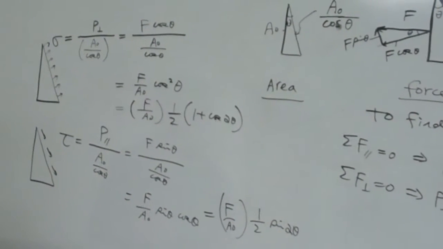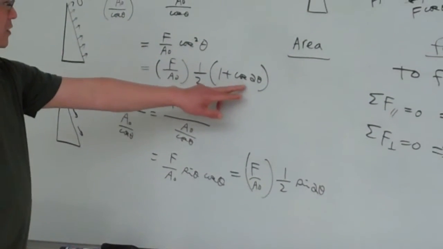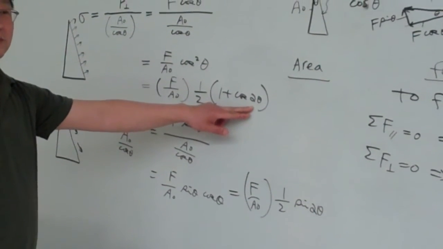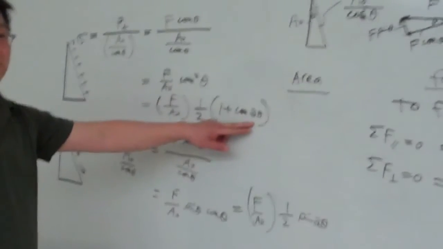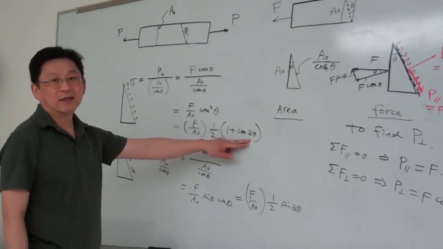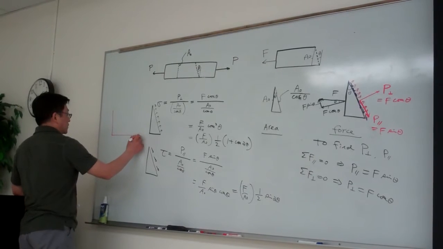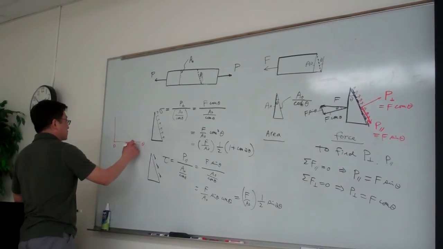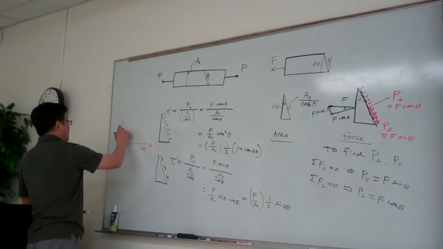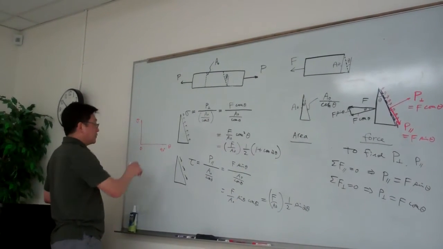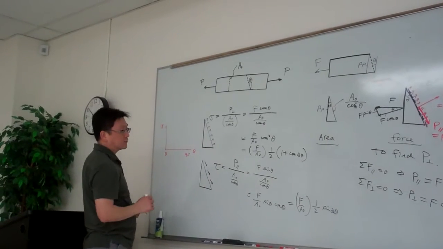So for this case, if you know how to run programs and write a simple program, for example in MATLAB, you can draw, for example, theta from 0 to 90 degrees, and show the magnitude of the stress, and you can get a curve like this one.